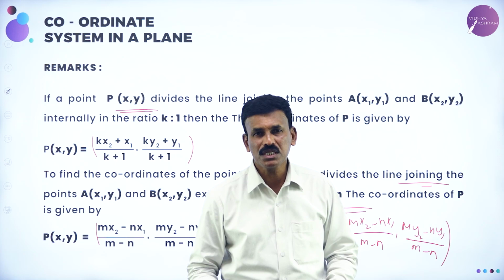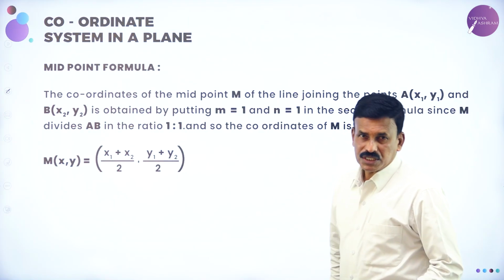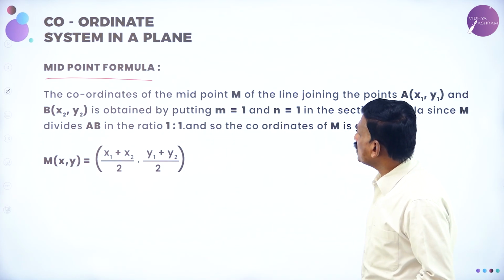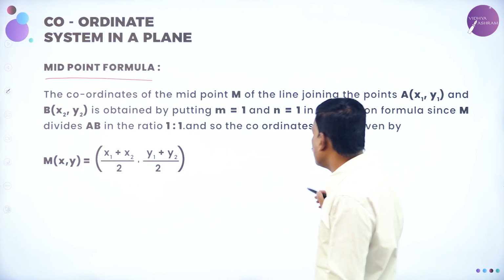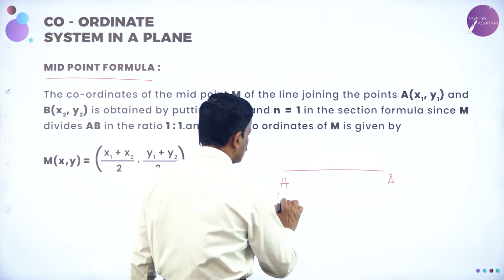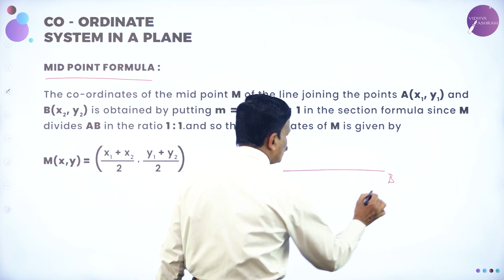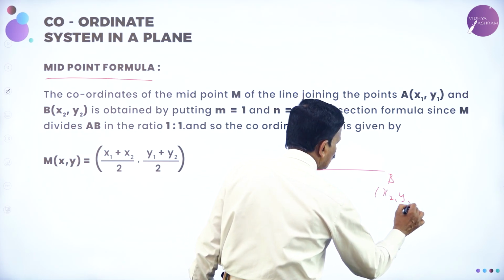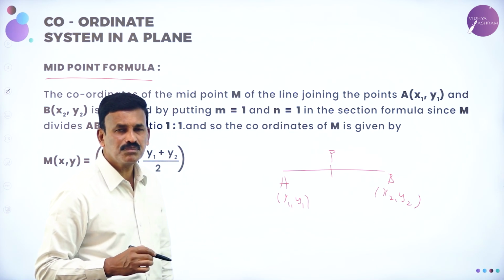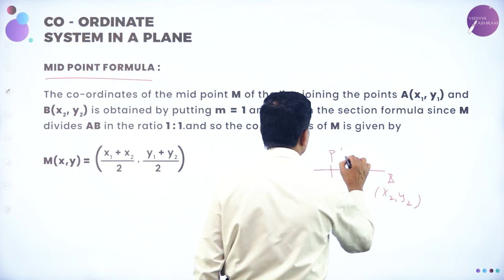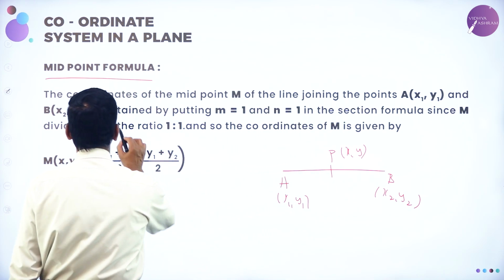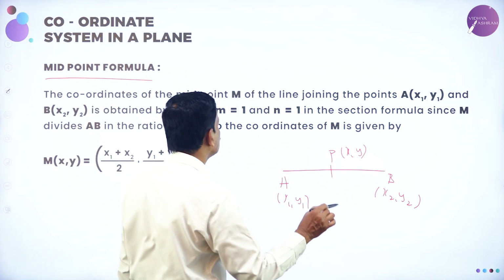Now the next concept is the coordinates of the midpoint. The coordinates of the midpoint of the line joining A(x1, y1) and B(x2, y2): the point P(x, y) which divides AB, whose midpoint is given by the midpoint of A(x1, y1) and B(x2, y2).